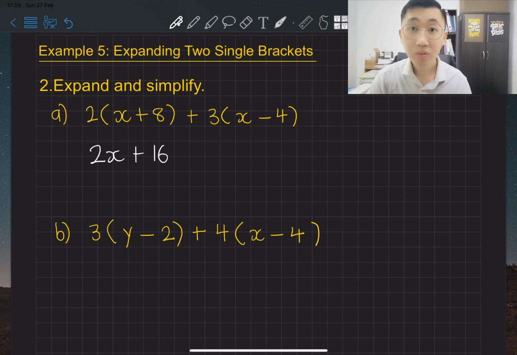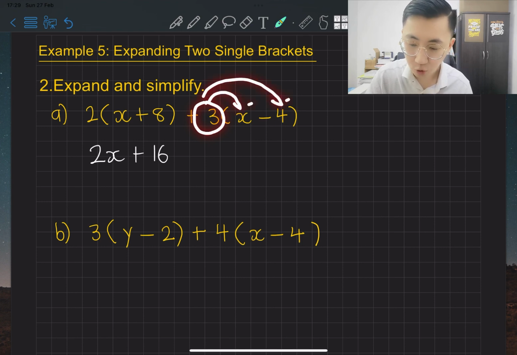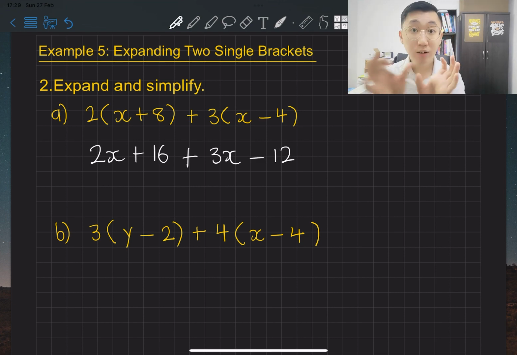Now continue to take positive 3 multiplied with x and multiply with negative 4. That will give you plus 3x and minus 12. After we open up 2 brackets, that's what we call expanding. You will see that there's no more bracket. Now your next step is to simplify.